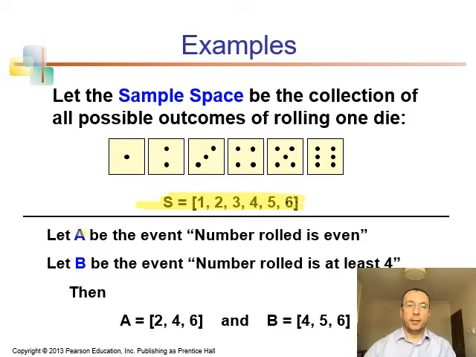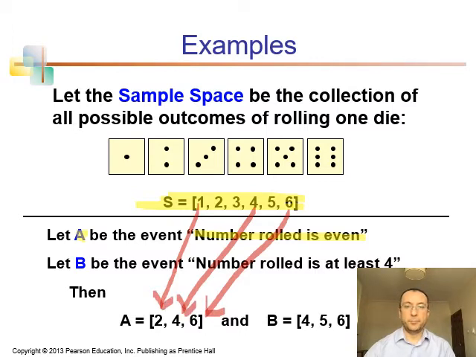So let A be the event that an even number is rolled. So what are the even numbers here? We have 2, 4, and 6. So I'll take those numbers. 2 belongs here, 4 belongs here, and 6 belongs here. So this will be event A.